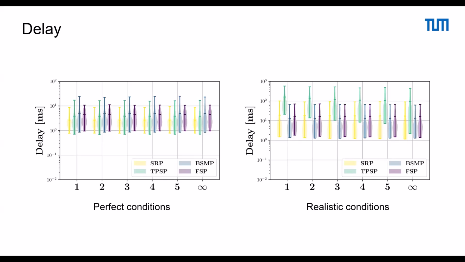Now, in a photon source, we no longer have a perfect fidelity. And you can see that, because of the current state of the art of this two photon source model, the delay is quite high because we have a low success probability. So we have a lot of retries in terms of entanglement, and also the quality, which we show later, is not as good as the other ones. But this is purely based on the hardware.